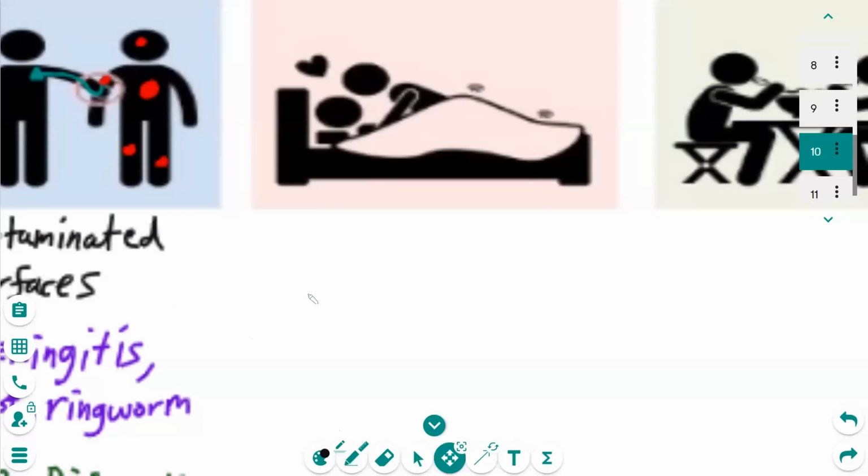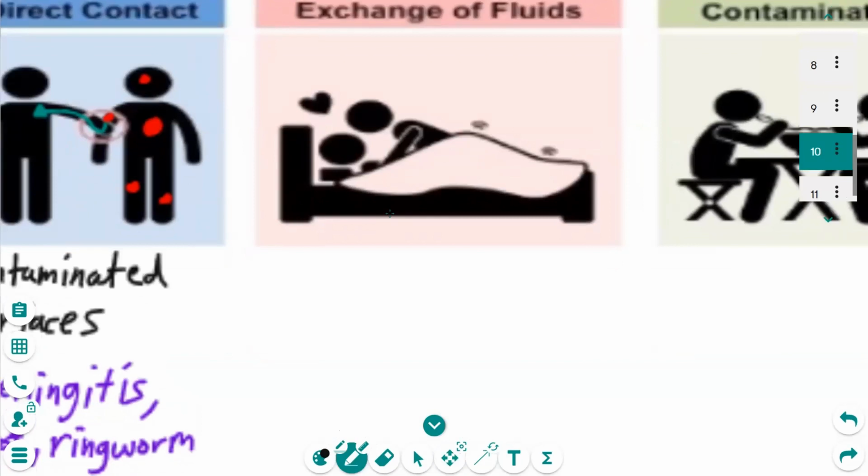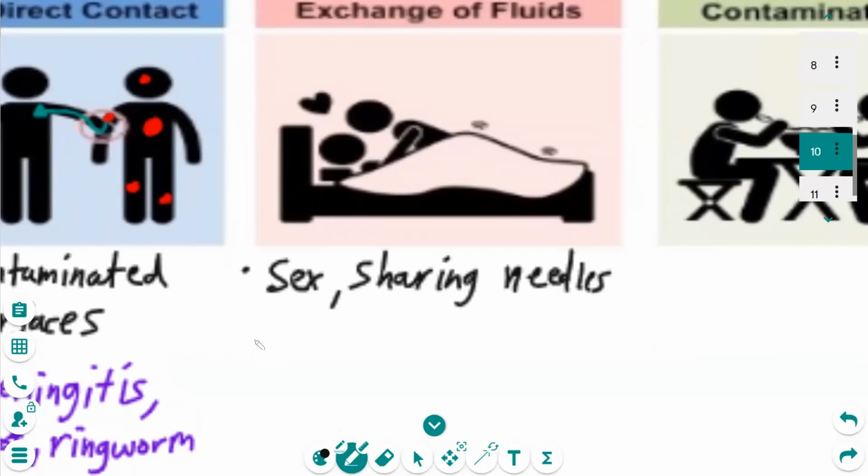Next one is, what is this one? Exchange of fluids. So this is through needles. This can be done through sex. Can be used of sharing needles, and so on.